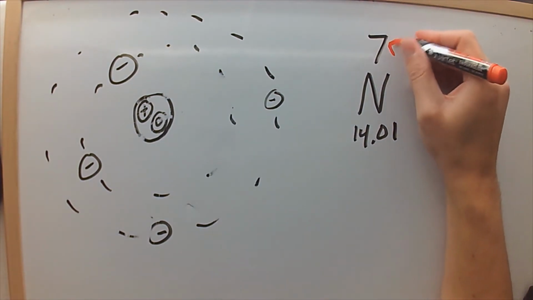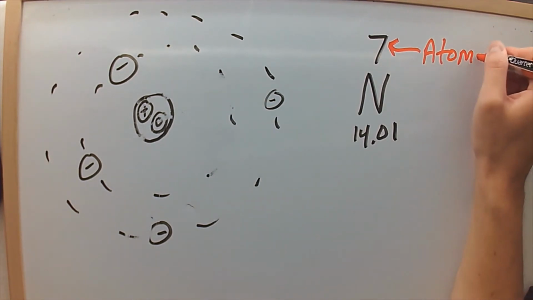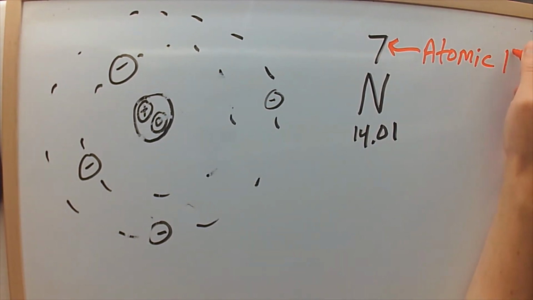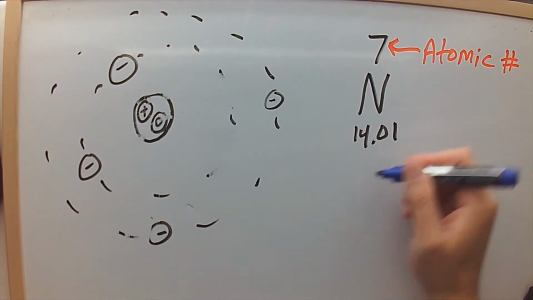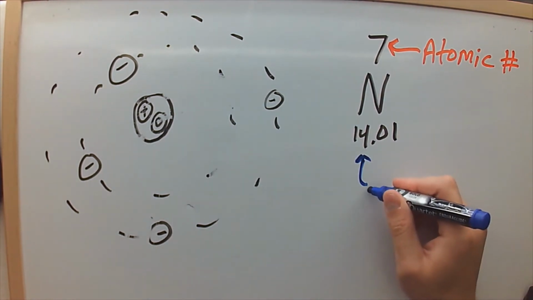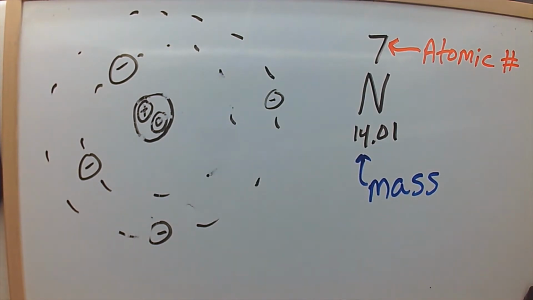You're always going to have an integer, which is the atomic number. And sometimes you have an integer, but generally a number that has a decimal involved, and this is the mass. All right, you'll hear it called atomic mass, molar mass, atomic weight, whatever. This is the mass.